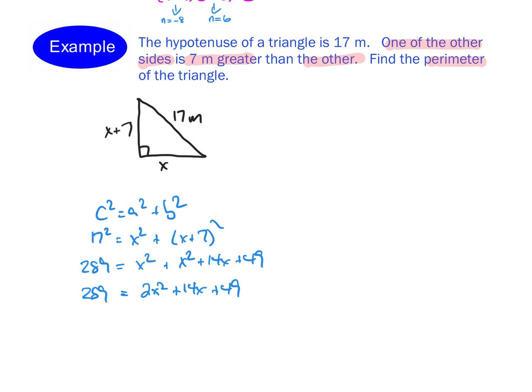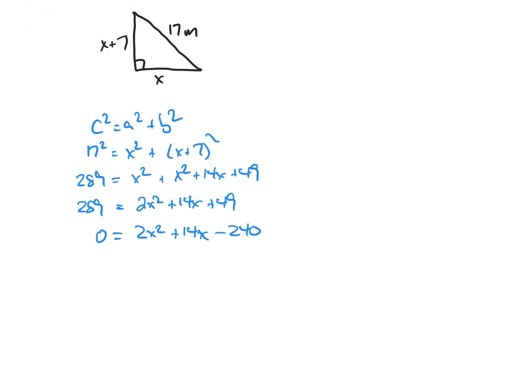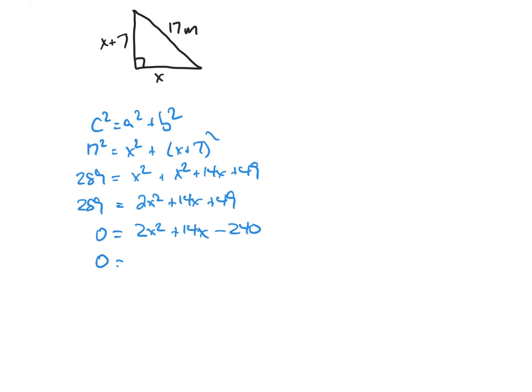It'll become negative, and we'll subtract it from the 49. So 49 minus 289 is going to be minus 240. Then, because everything is divisible by 2, we'll divide it by 2 to make it a more straightforward type question.